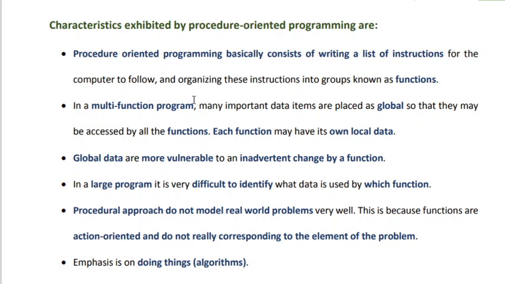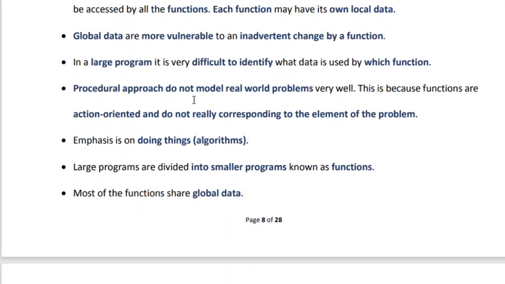This is because functions are action oriented and do not really correspond to the elements of the problem. So this is one important lag of the function-oriented approach: it does not correlate to the real world to an extent, because it does not work on entities. The emphasis is on doing things, that is, the algorithm.